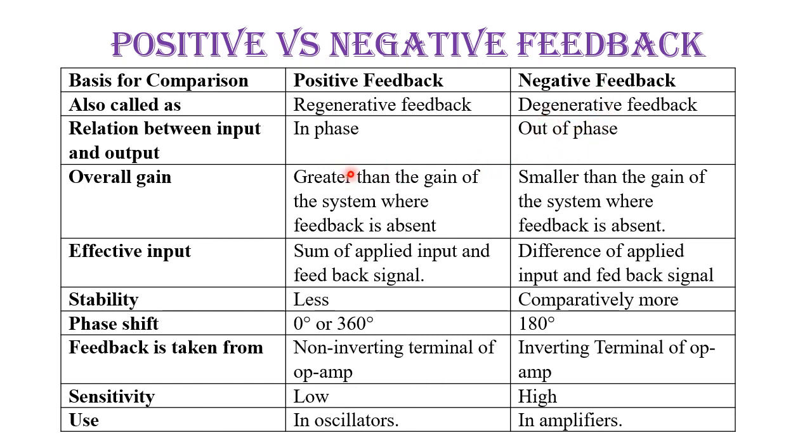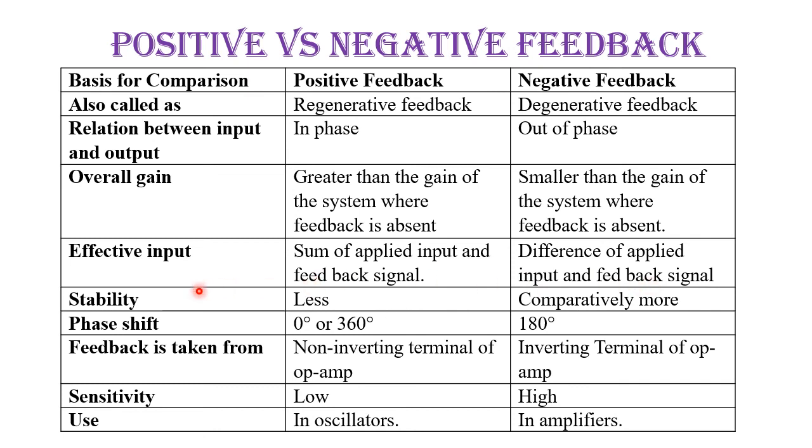Okay, and then the overall gain of positive feedback is greater, whereas in negative feedback it is smaller. Okay, smaller than the gain of the system. Then the effective input of the positive feedback operational amplifier is the sum of the applied input and the feedback signal, whereas in negative feedback it is the difference of the applied input and the feedback signal.